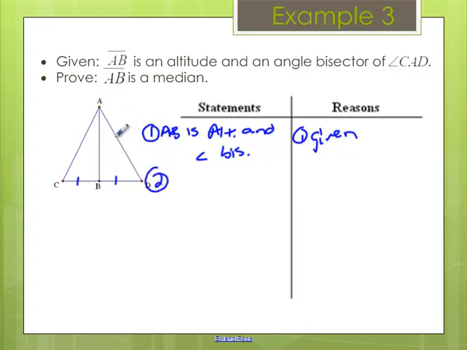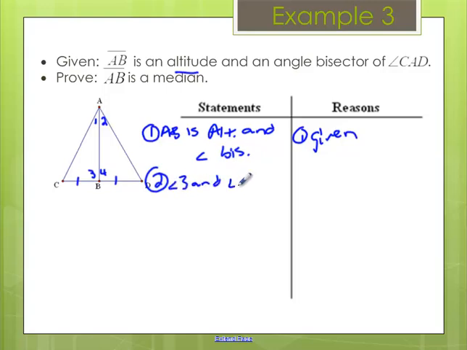So step 2. First, before we do that, let's number a couple angles: 1 and 2, and 3 and 4. That'll just make it a little bit easier when we're writing this. Step 2, let's use the fact that AB is an altitude. If you remember, altitude means these form right angles.